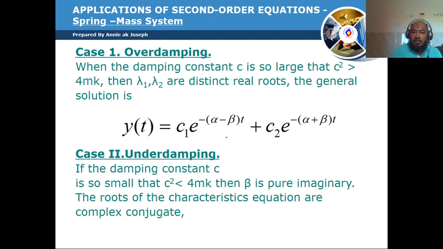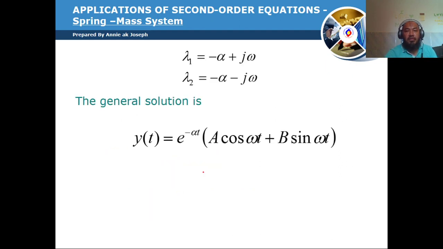When the damping constant c is so large, greater than 4mk, this is the real general solution like this. And if it is underdamping, meaning it's less than that, that's the conjugate solution, meaning this is the imaginary solution.